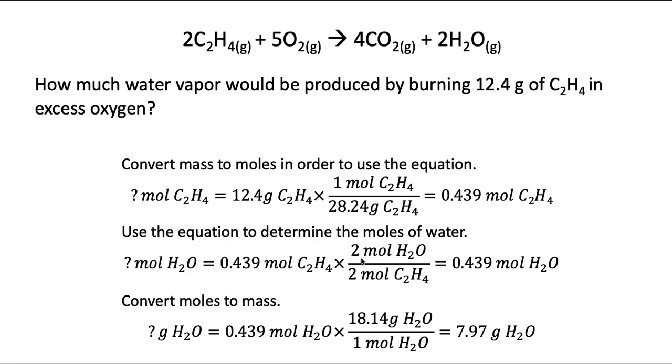But if you wrote out that this is a molar fraction, so 2 moles of water over 2 moles of C2H4, if you had grams over here, you couldn't cancel the grams with the moles, so your units wouldn't cancel out. Then you'd think, oh, I need moles here, so I forgot one step. I need to go back up here to convert it to moles.